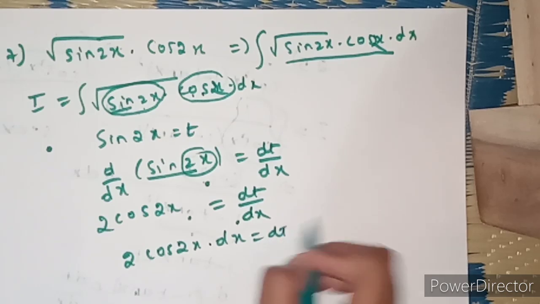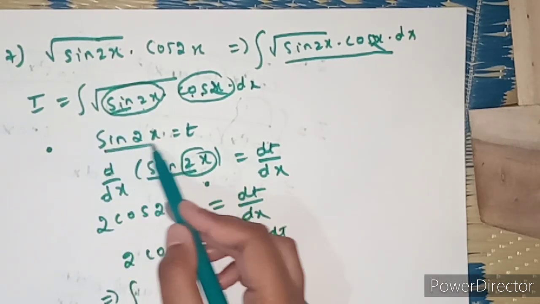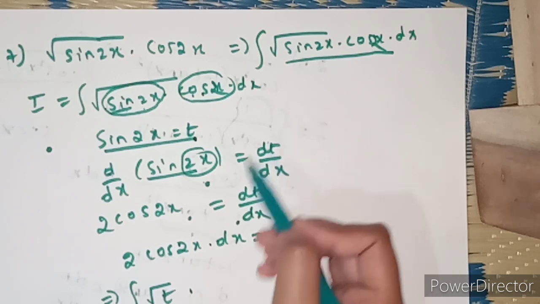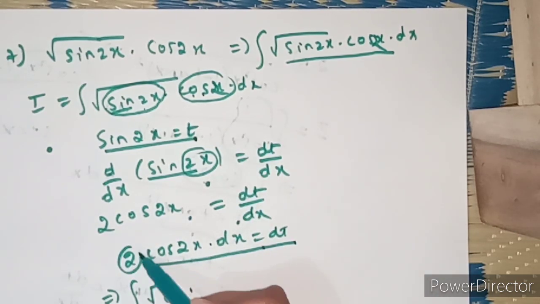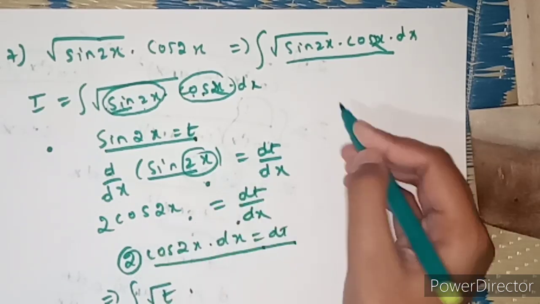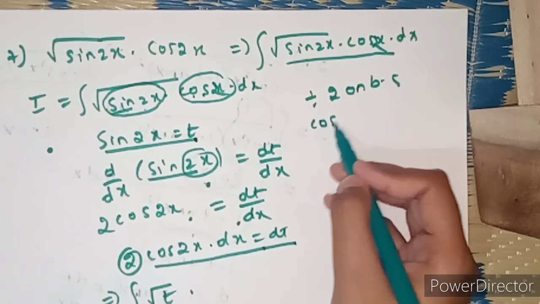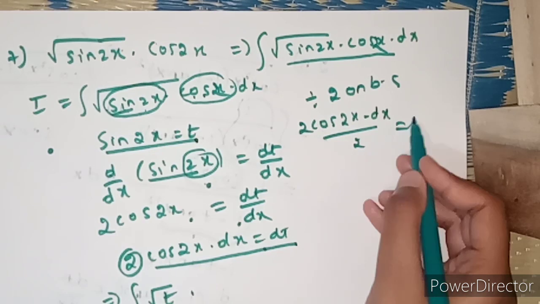Now substitute in the integral. We have taken sin 2x as t. So root as it is, root t into cos 2x into dx. We have got 2 cos 2x dx is equals to dt, so divide 2 on both sides. So cos 2x dx is equals to dt upon 2.